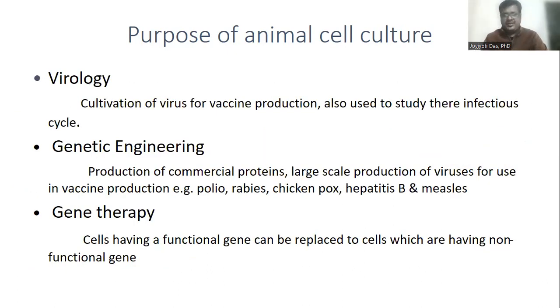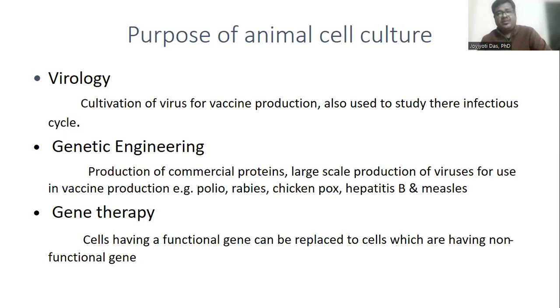Next, in virology, cultivation of virus for vaccine production, also to study their infectious cycle. Okay, so we know viruses have host specificity, and viruses can grow in bacteria cells, they can grow in plant cells, and they can grow in animal cells as well.